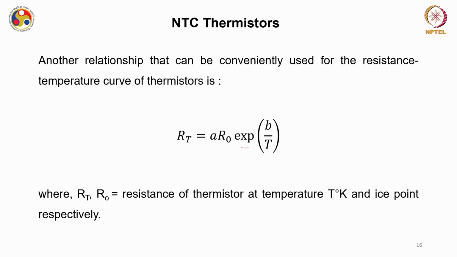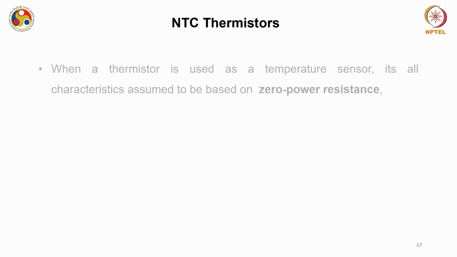Then one more relationship that we have seen was RT is equal to A R naught into e power B by T, where RT and R naught are the resistance of the thermistor at temperature T and at the ice point. So these approximations are very crucial for thermistors, and we have to see in which case which equation fits better for our thermistor.